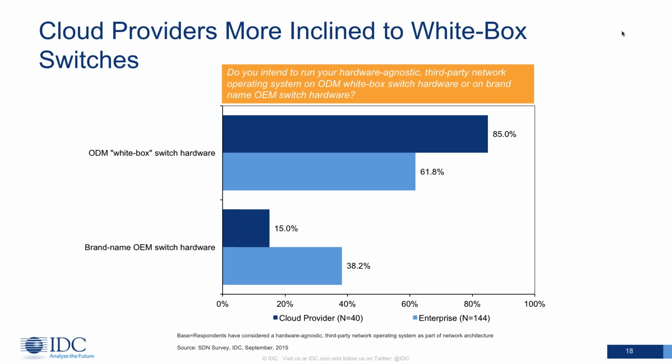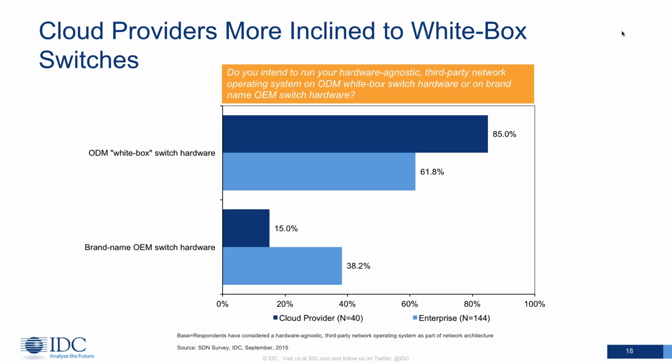This next question kind of surprised me, and I'll go through it and then I'll explain why I think the responses broke out this way. We asked respondents in the survey, do you intend to run this third-party network NOS on ODM white box switch hardware or on brand name OEM switches?